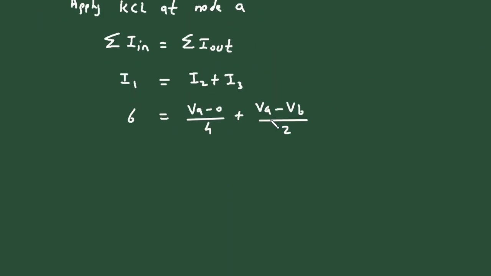Now let's simplify this. So it will be 6 is equal to VA by 4, plus VA by 2 minus VB by 2. Now if we take VA common, it will be VA in bracket 1 by 4 plus 1 by 2.